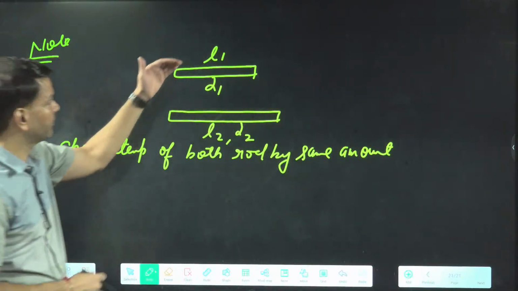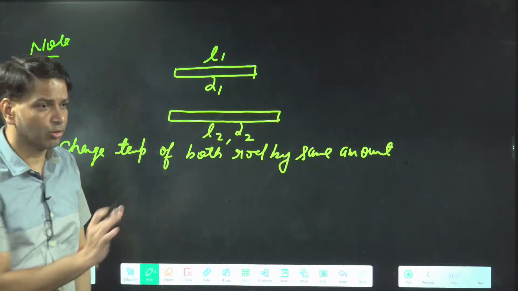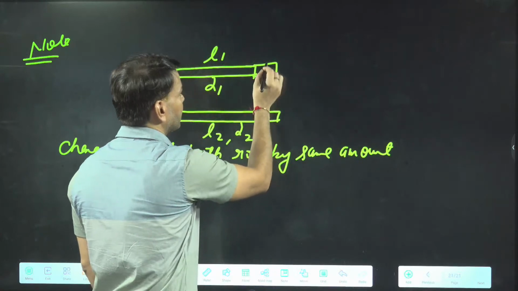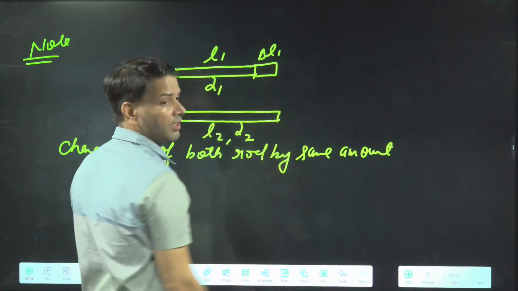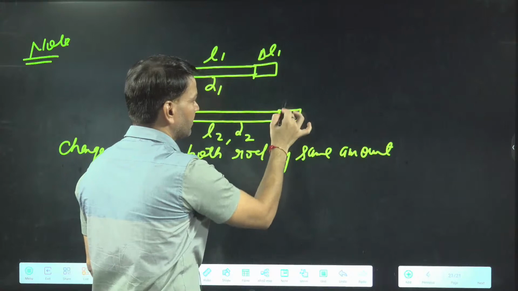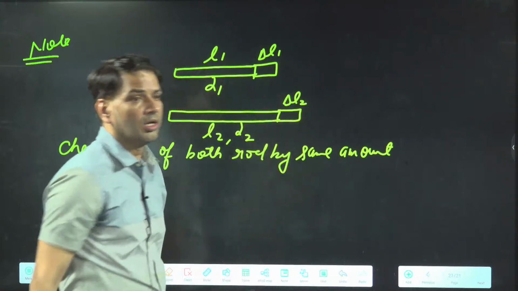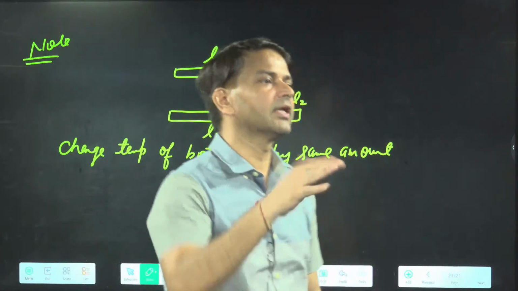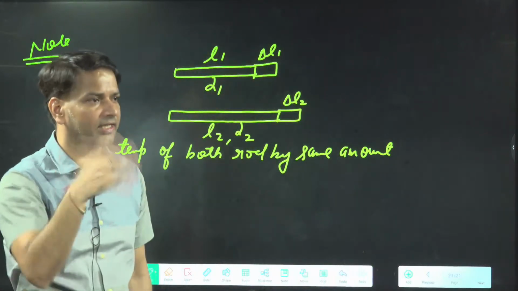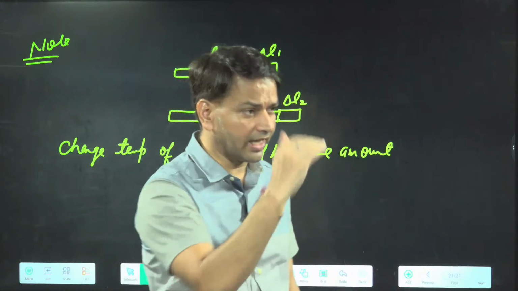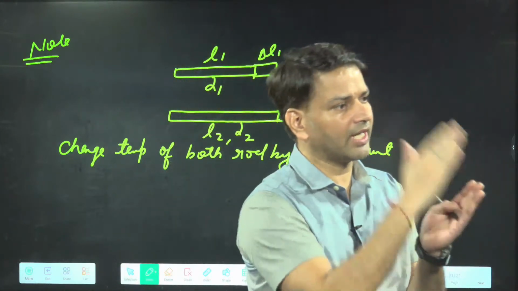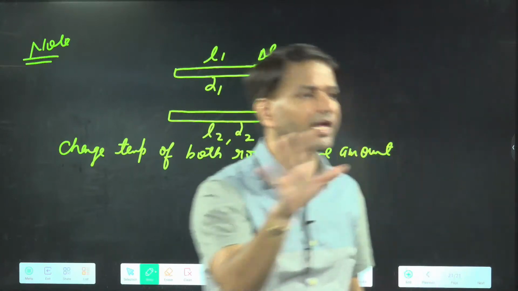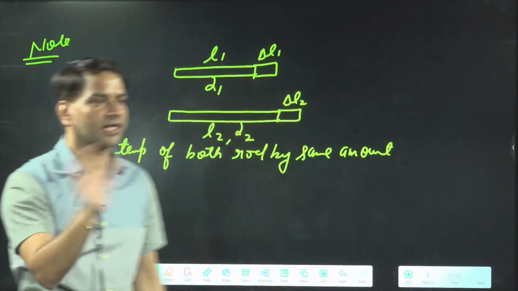So initially they have the lengths L1 and L2. Suppose you increase the temperature. When you increase the temperature, the first length increases by delta L1 and the second length increases by delta L2. If delta L1 and delta L2 are equal, for any temperature increase or decrease, if their expansions are equal, so when one expands X, the other expands X, what will happen? When you take the difference, X and X will cancel out.